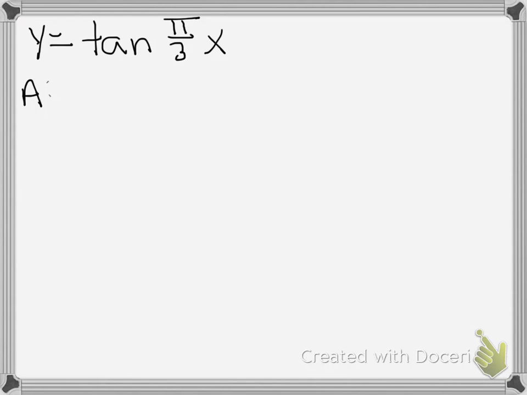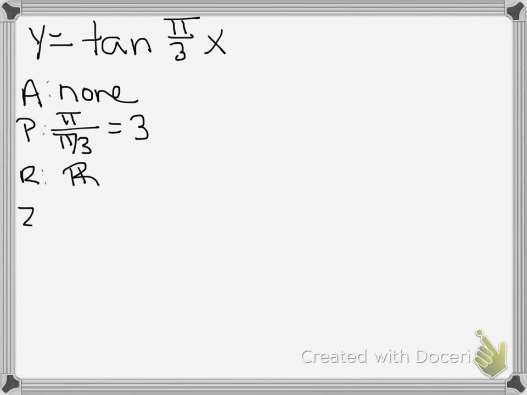All right, so our amplitude is none. Our period is pi divided by b, which becomes 3. Our range is all real numbers. We'll bring back in our zeros and our asymptotes once we graph.